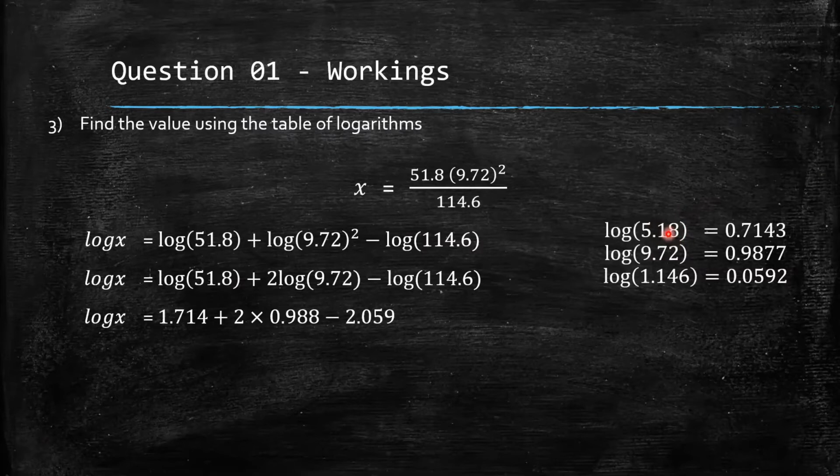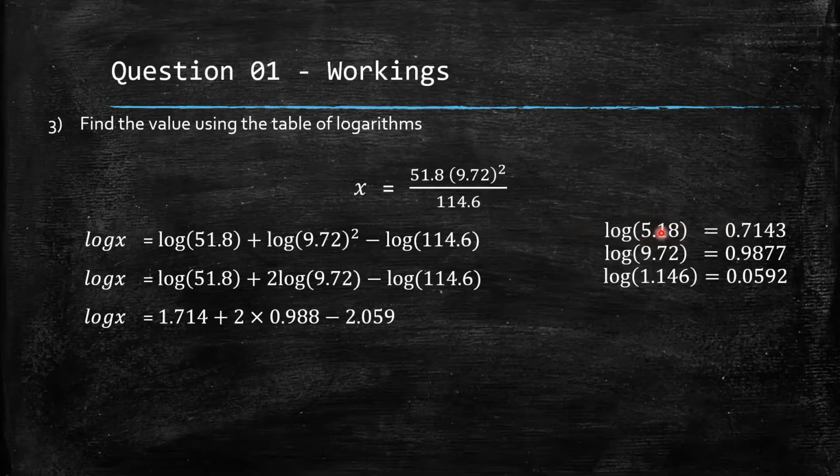So when you shift your decimal point to 51.8, that means by one place you need to add 1 here. If you move your decimal place from 5.18 to 518.0, that means you have moved your decimal by 2 places, so you need to put 2.